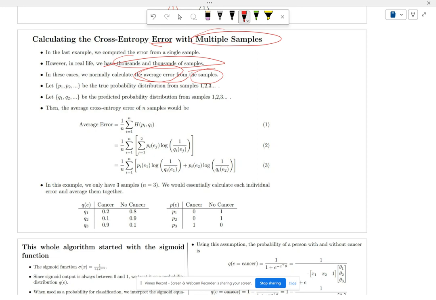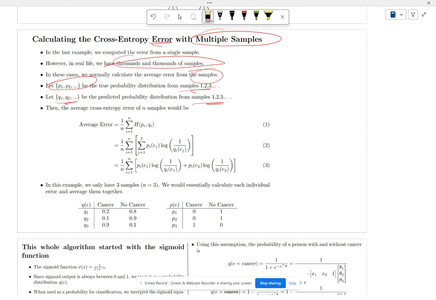So we calculate all the errors and then average them together. Let P1, P2, P3 be the true probability distribution from the samples, and Q1, Q2 be the predicted probability from the samples. Then the average cross entropy error will essentially just be the average cross entropy, where P and Q go from 1 to n.